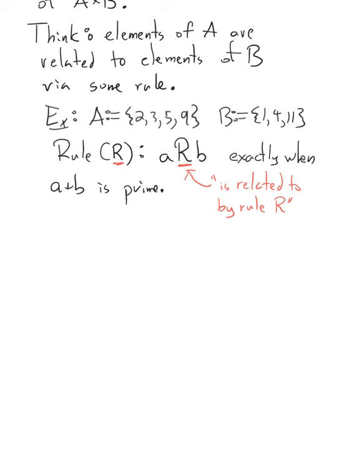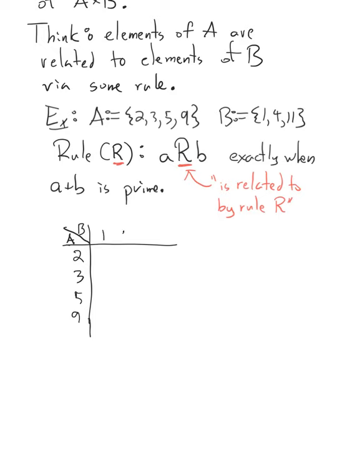All right, so let's figure out what elements are related to each other. Well, a good way of doing this, especially any time you have ordered pairs, is making a little chart. So we'll put the elements of A vertically and the elements of B horizontally. A had 2, 3, 5, and 9.